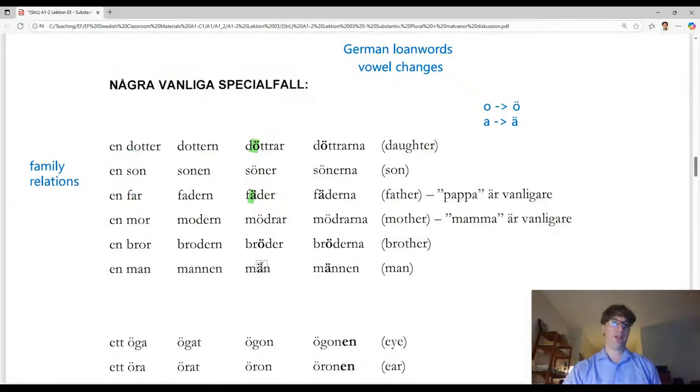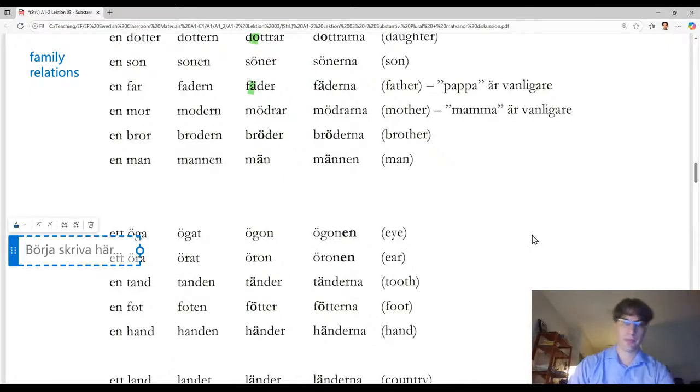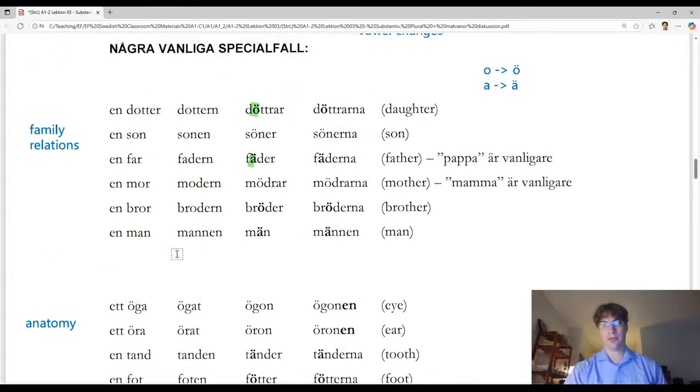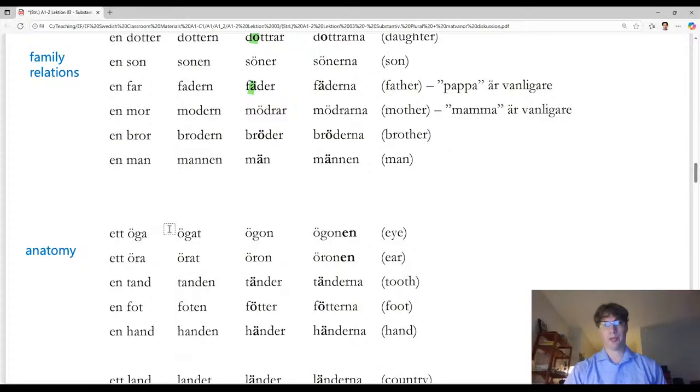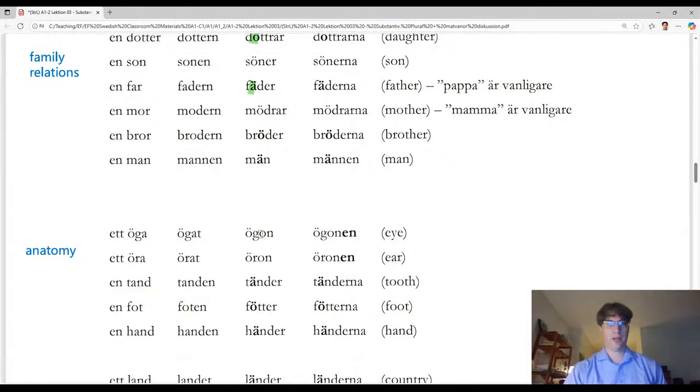But you also have the ones that are about your body parts, anatomy. So you have ett öga, that's already an Ö, so it doesn't shift. It becomes många ögon. But you have the -on in the plural.